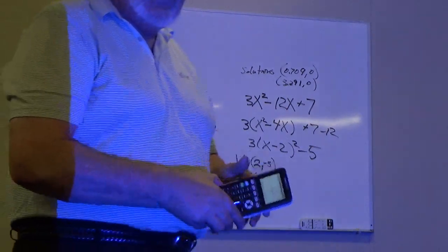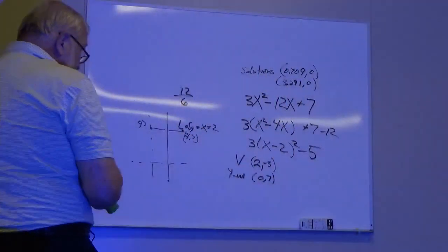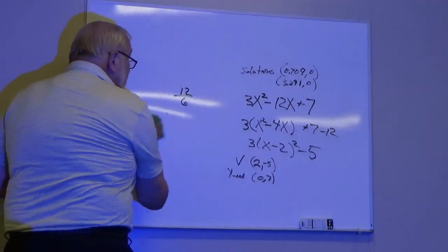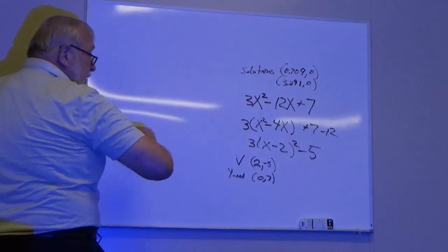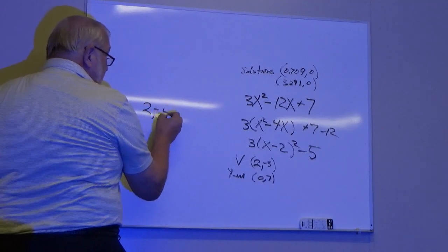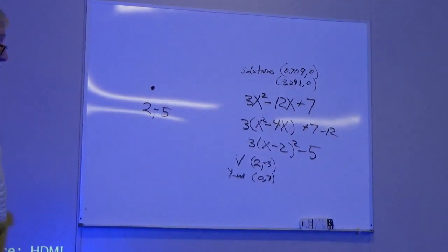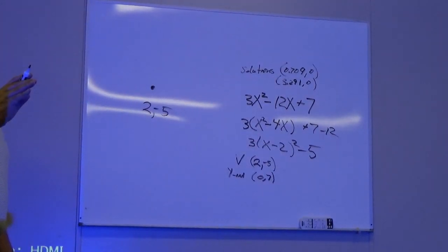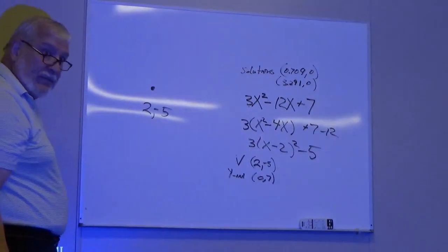Okay. Now, I'm going to add one other skill to this, and that has to do with the vertex. If I calculate the vertex to be at 2, -5, and that's this point right here. If I go over 1, I go up 1 times 3.